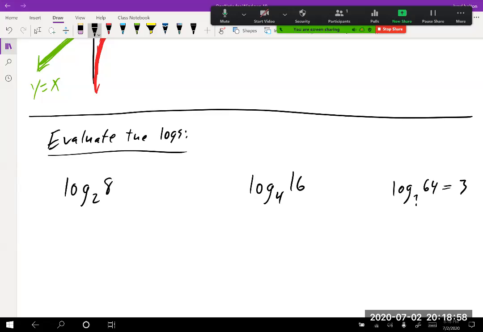Okay, so basically this is just a way to kind of ask you, do you know how to read the logarithm? So in general, what we always do is we set these equal to y.